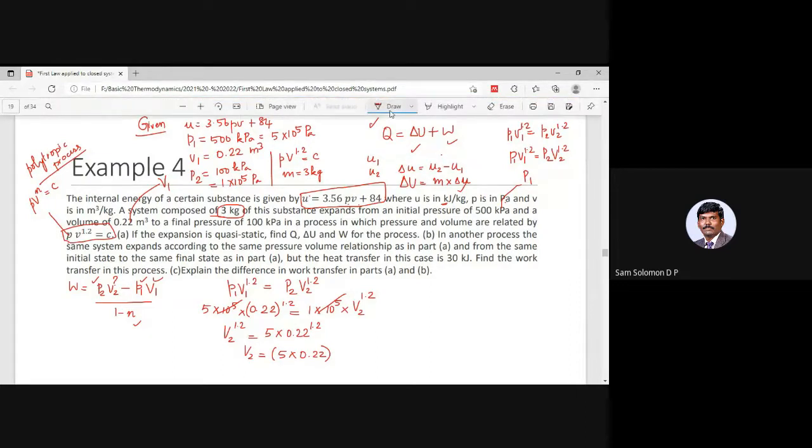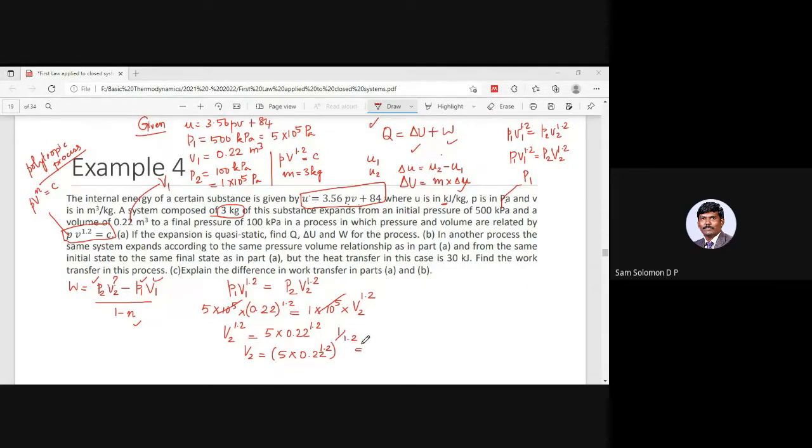What happened? Sorry, there is another 1.2 inside. This to the power 1.2, whole to the power 1 by 1.2.